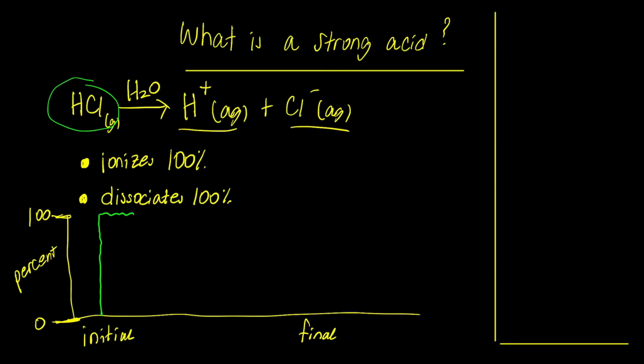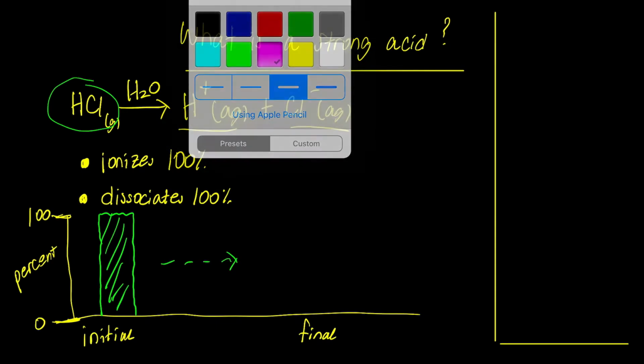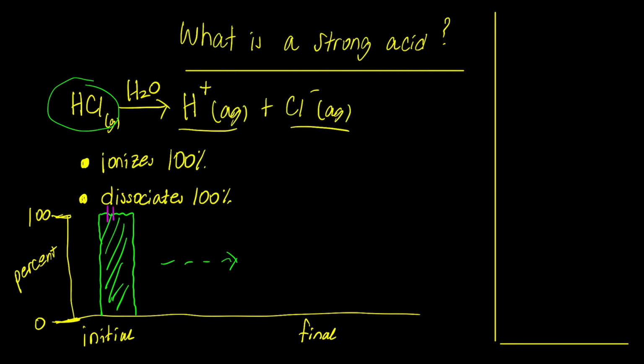Now, when it hits water and it dissolves and begins to react, what do we get? Well, first we also have no H+ and no chloride in the initial condition, so I'll sketch in some very small error bars here. So when HCl reacts with water, the HCl bond is cleaved, it breaks, it dissociates, we say.